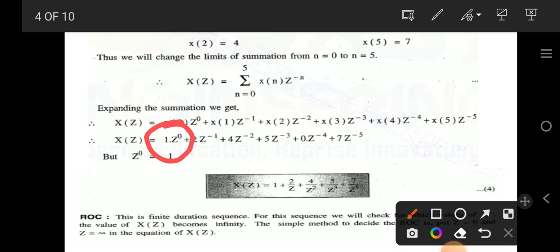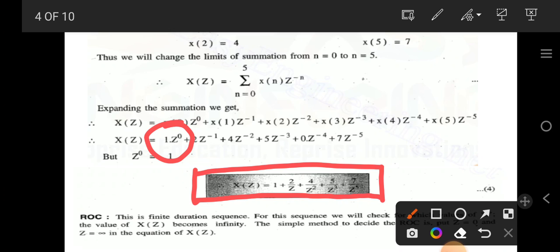So you will get 1 plus 2 upon z plus 4 upon z square plus 5 upon z cube plus 7 upon z raised to the power 5. Okay, so like this we got the final z transform equation.